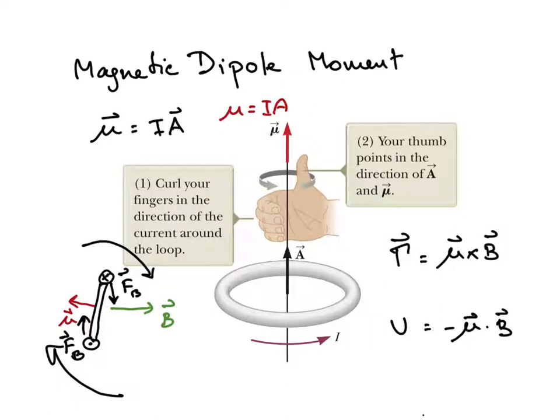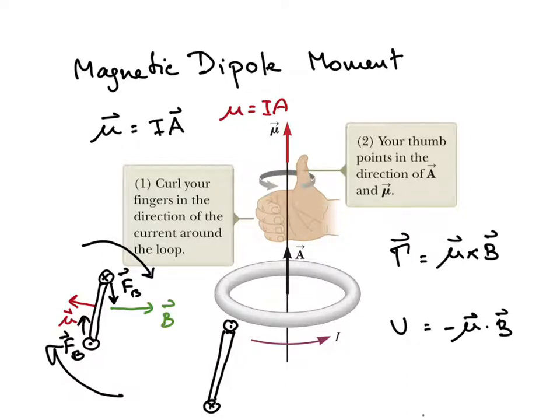Now let's see what will happen in the opposite direction. That is, now you have the current loop, but now the current points in this direction.